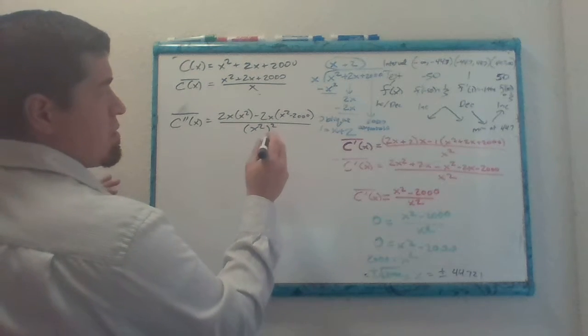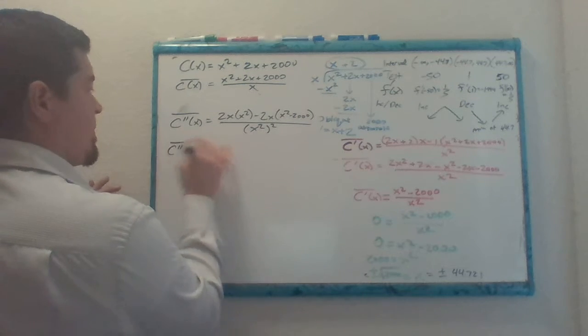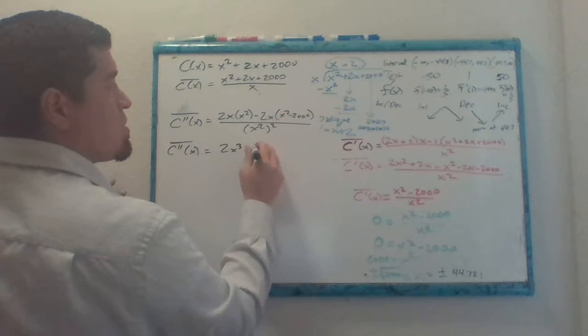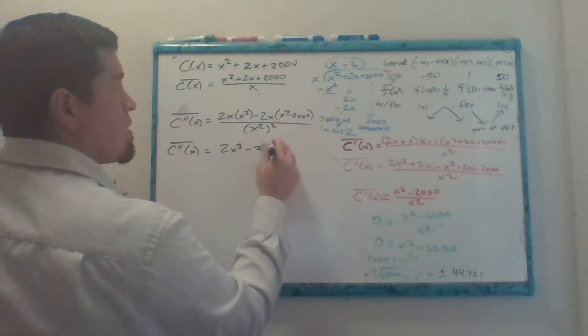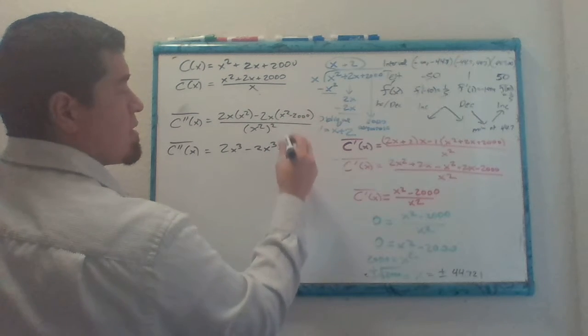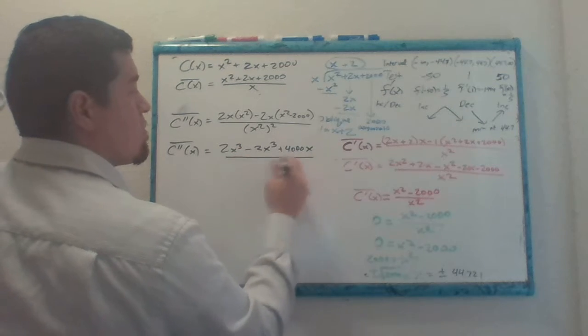From here, what I can do is simplify the top, which is 2x cubed, minus 2x cubed, plus, because negative 2x times negative 2000 is positive 4000x, over x to the fourth.